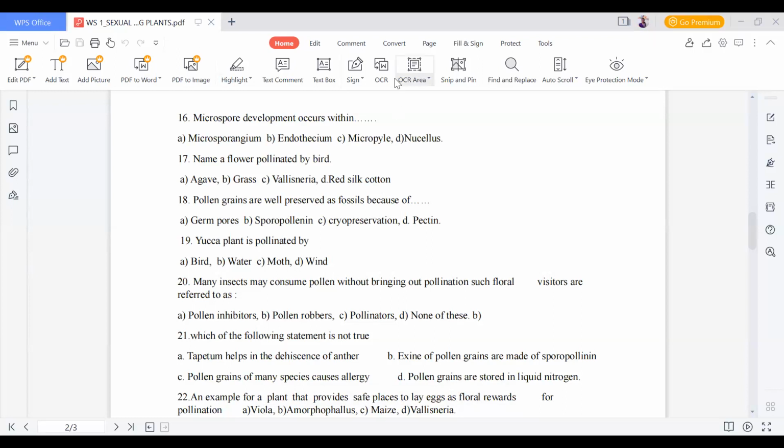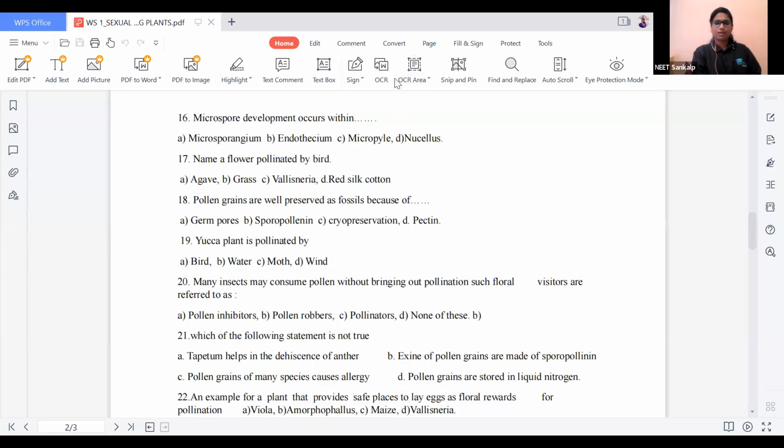Jyoti and Manjunath answered it. The right answer is option A. It is not the tapetum but the endothecium that helps in dehiscence of anther. The other three statements are true, so option A is the right answer.